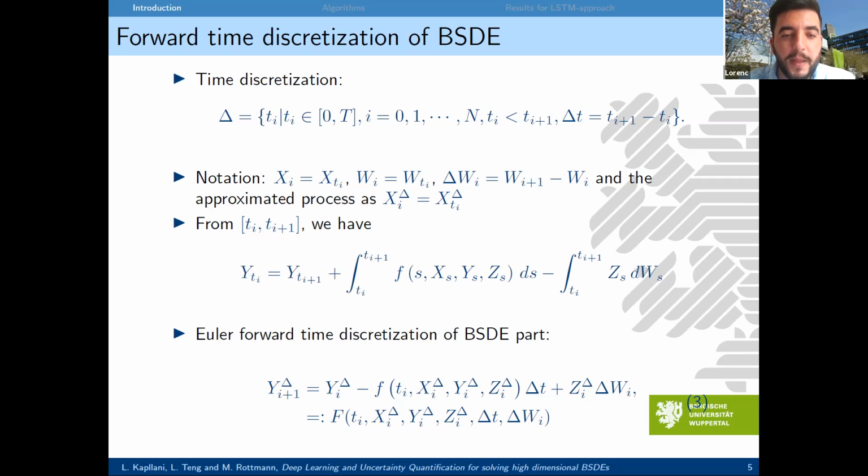Even though the classical calculations of BSDEs go backward, we can also formulate them in a forward way, because this helps us to formulate them in a deep learning framework. The Euler forward time discretization is as follows. I am denoting the right-hand side with a capital F, because I will put it again below. It is just the Euler discretization, this capital F, for the process Y.